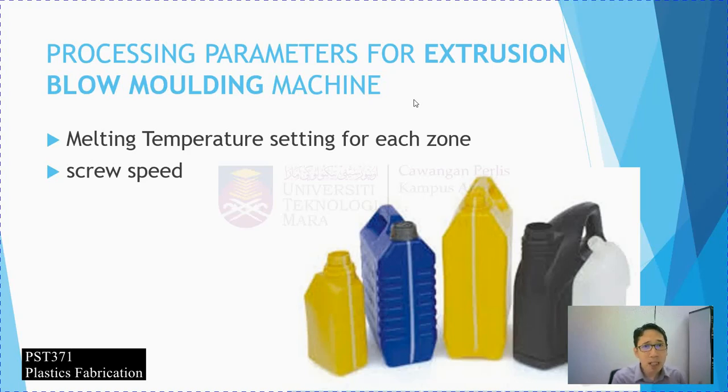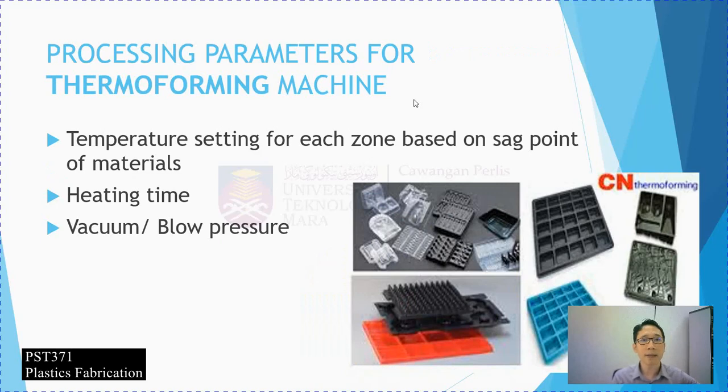So the temperature for each of the zones is very important to make sure all of your raw material plasticizes, okay, converting into a highly viscous polymer material, and the screw speed will contribute to the profile produced in the interval times, so that it can affect the dimensions and the thickness of your extruded parts.